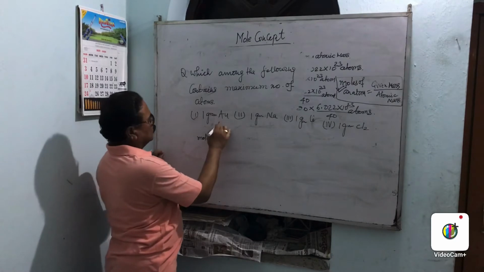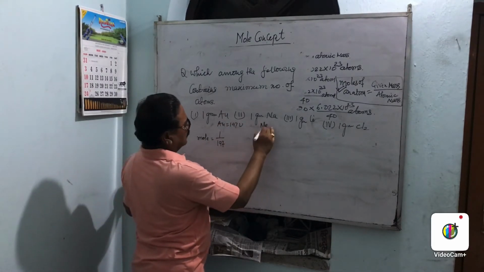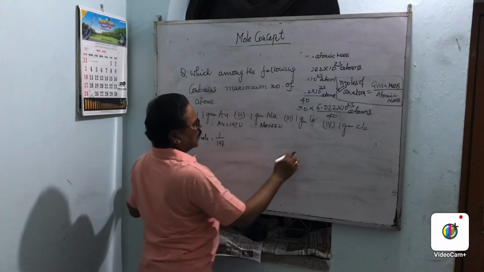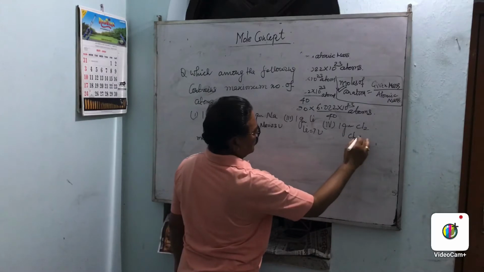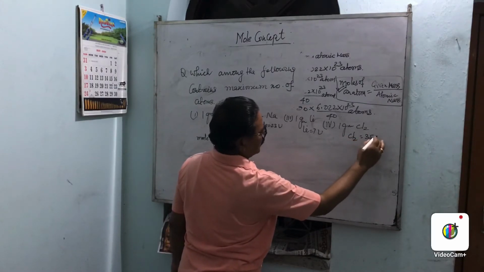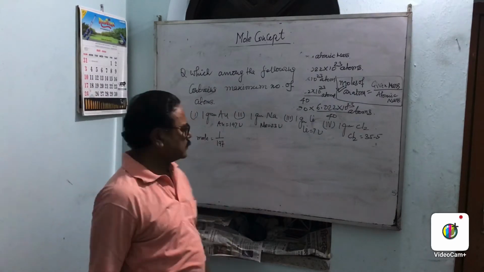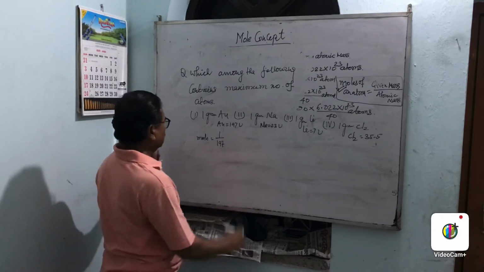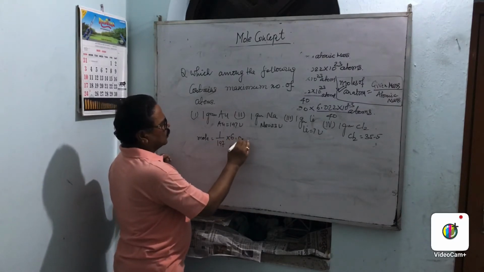Au is given as 197 U, sodium is 23 U, lithium is 7 U, and chlorine is 35.5. This is right, 35.5. So there are 2 chlorine atoms there, so this is multiplied with 6.022.